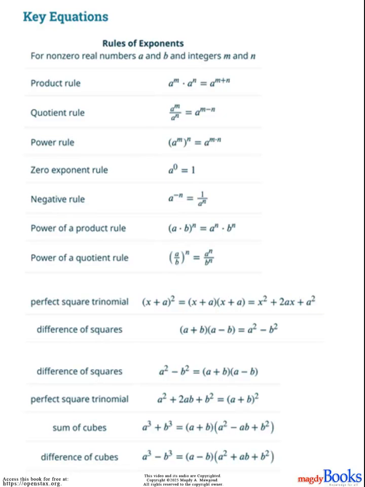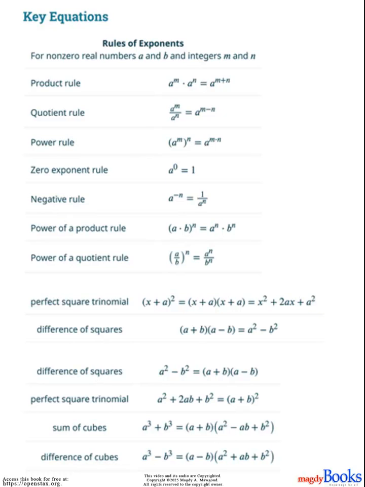Perfect square trinomial. a squared plus 2ab plus b squared equals (a plus b) all squared. Sum of cubes. a cubed plus b cubed equals (a plus b) multiplied by (a squared minus ab plus b squared).